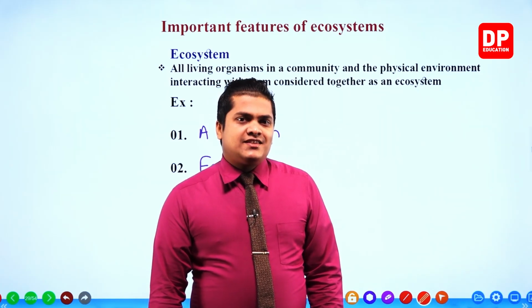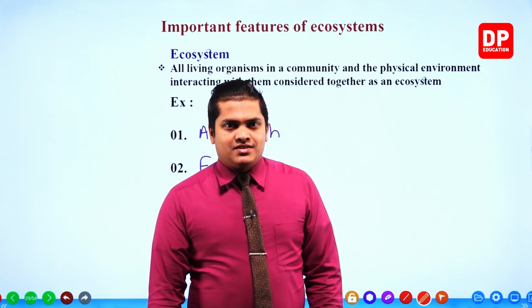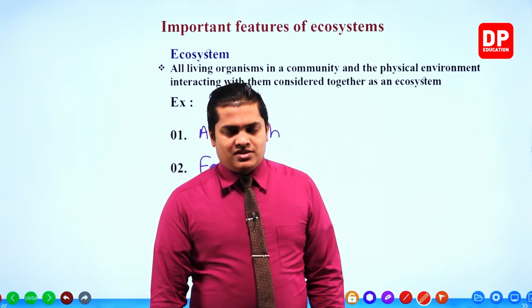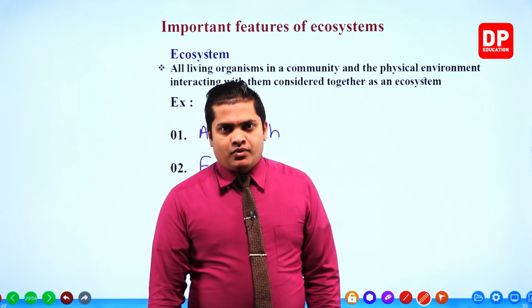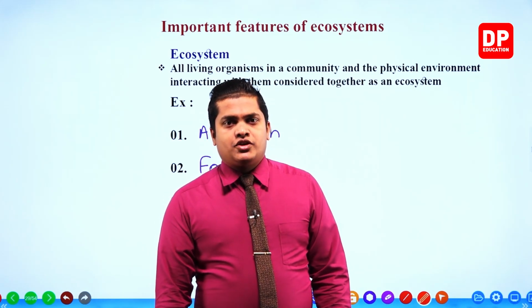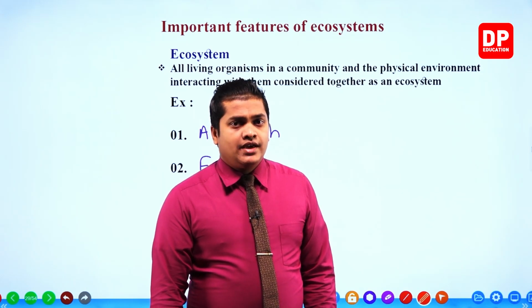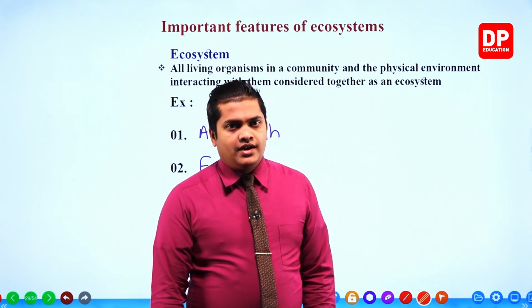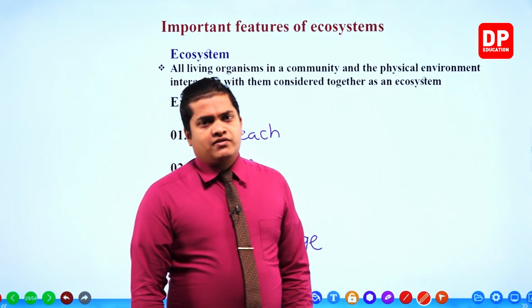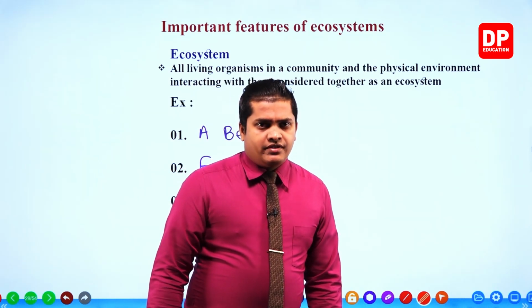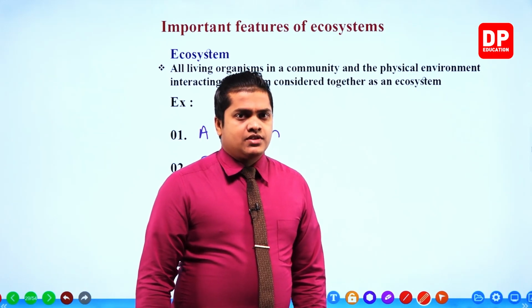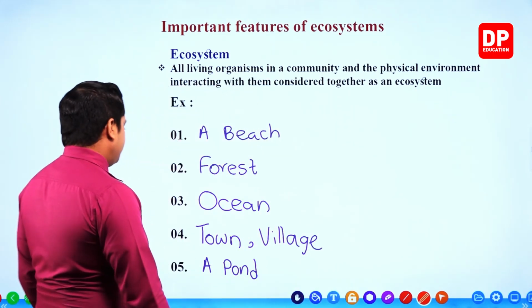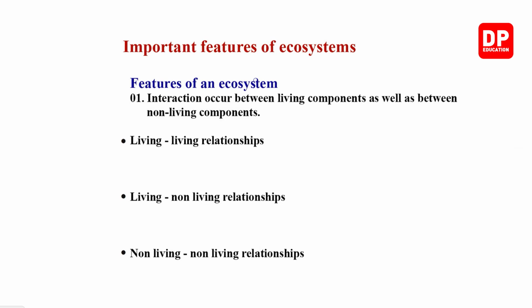So all of these things interacting with each other is considered an ecosystem. Any place where the living and non-living components interact with each other can be considered an ecosystem, right? So any kind of place where organisms live can be considered an ecosystem.